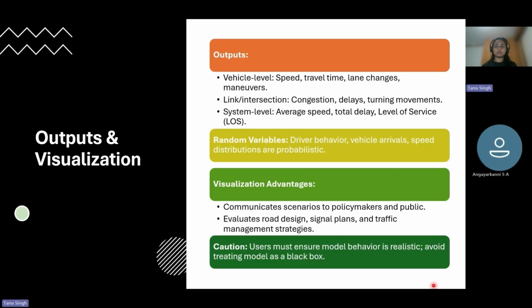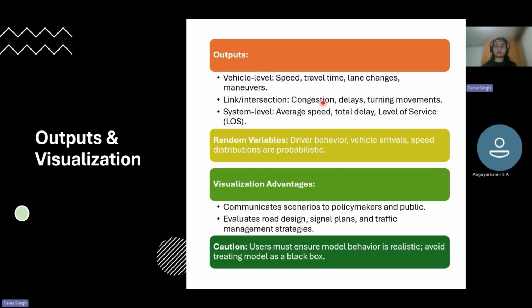And then we get the output once we run the model. Microscopic models provide data at three levels: the vehicle level, the intersection level, and the system level. At the vehicle level, statistics like speed, travel time, and link are given.